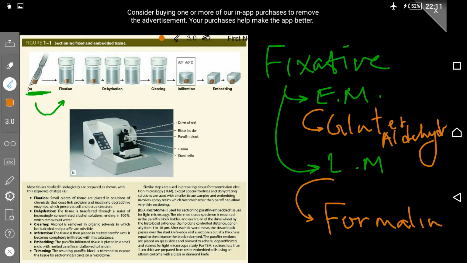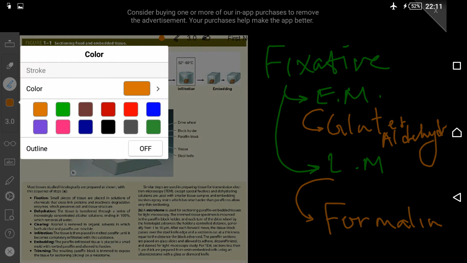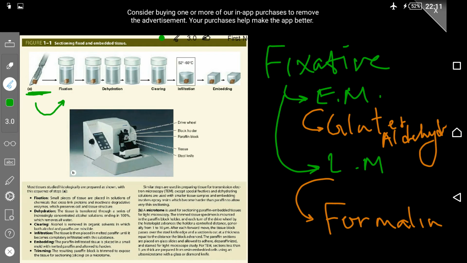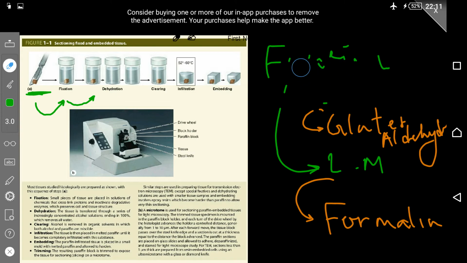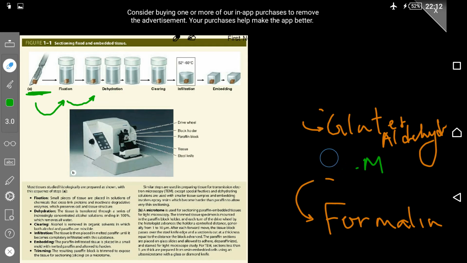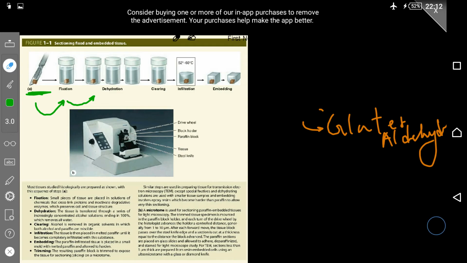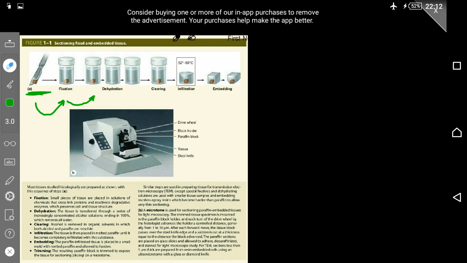Good. Now we will move forward. After the tissue is fixed, it will travel into another step, and this step is the dehydration step. The dehydration step literally means to take the water out of the tissue so that the tissue doesn't have the total amount of water that it had when it was taken out of the body and cut out of the organ.